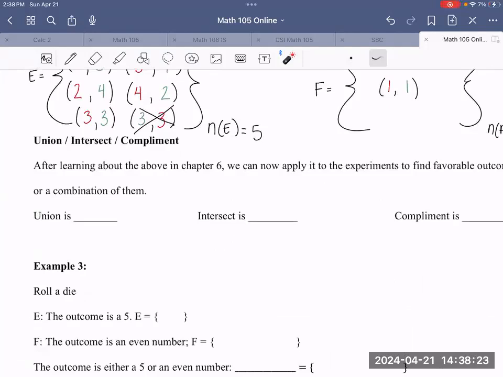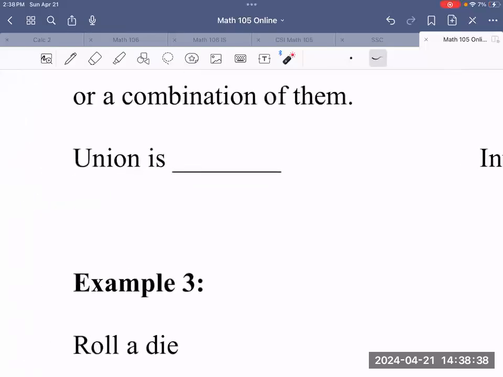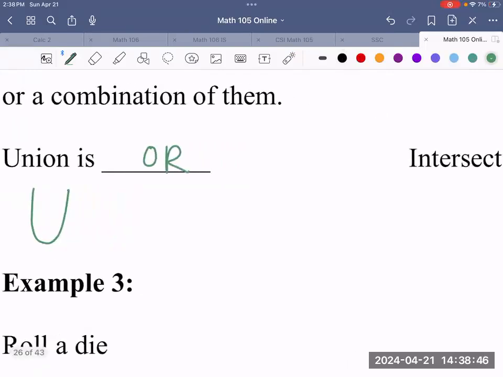One additional thing we're going to be throwing into the mix is union, intersection, and complements. After learning about the above in chapter 6, we can now apply it to experiments and find favorable outcomes or a combination of that. Union is that U-looking symbol, or cap, another way to say or, either, or both.